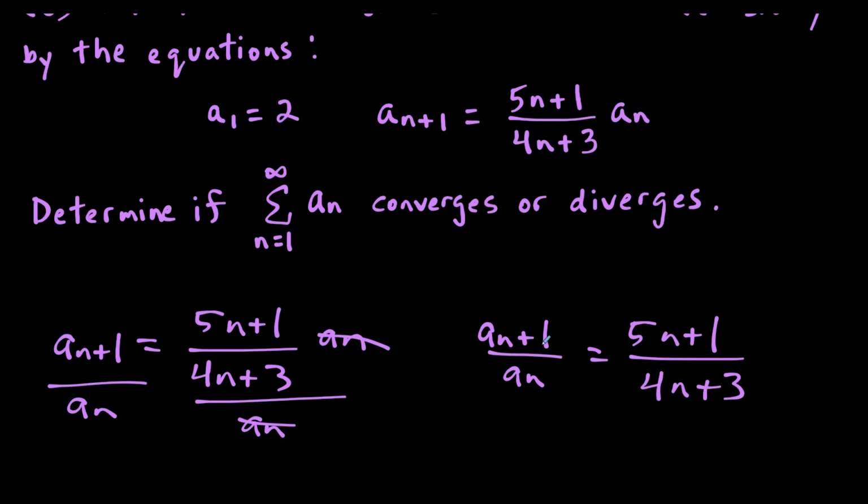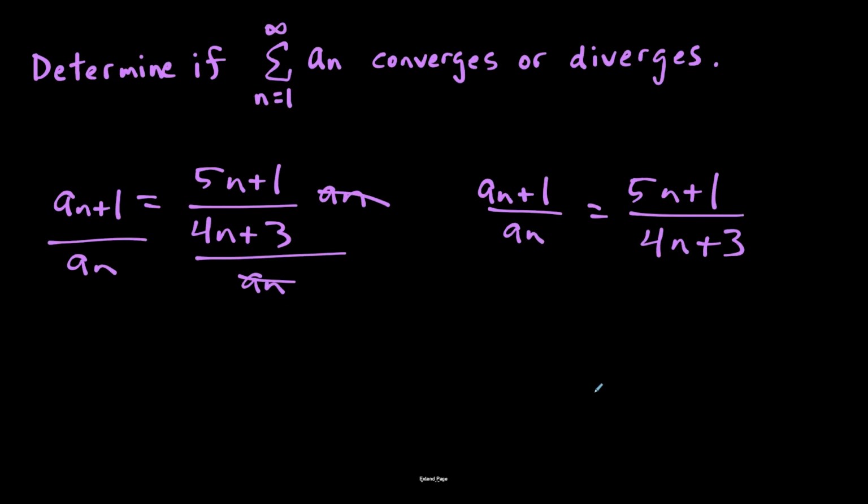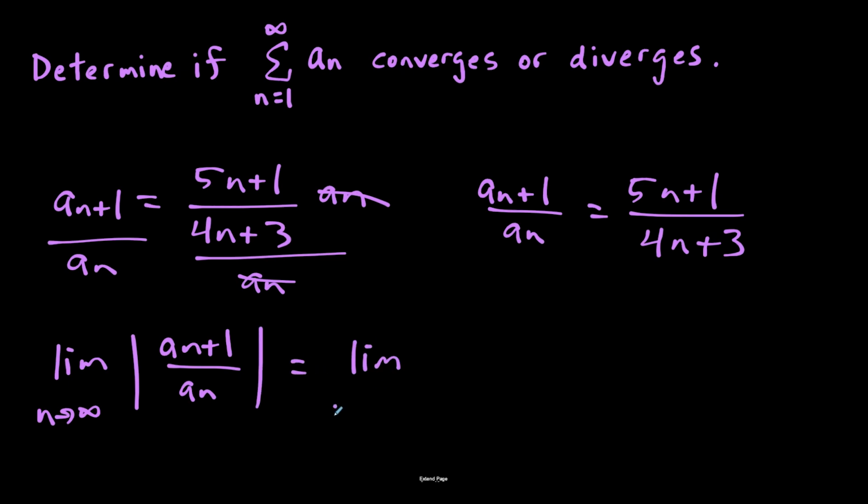Well, then how does this help us? Well, note that when we use the ratio test, we're taking the limit as n goes to infinity of the absolute value of a sub n plus 1 over a sub n, which would give us the limit as n goes to infinity of, and we would have the absolute value of 5n plus 1 over 4n plus 3. Now, because n's going to infinity, that allows us to get rid of the absolute value.